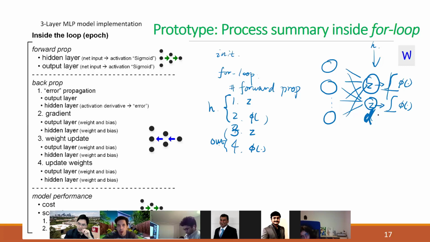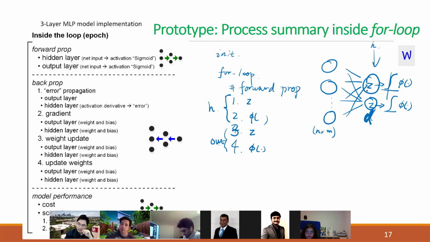So for each of these D, let's say for the first unit, you get the input. For the entire input data, it's n by m, where m is the number of columns of the input data. And for this unit, how many weights do you have? The number of weights is the same as the number of dimensions of the data.